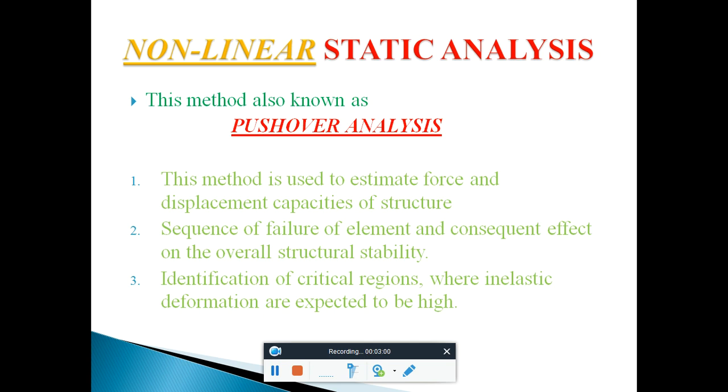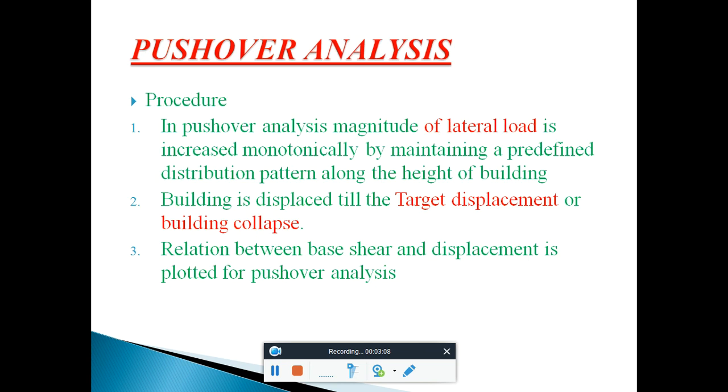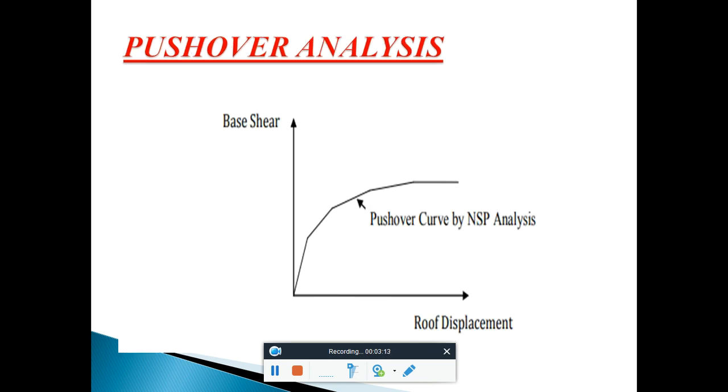Because of that, you can identify the critical regions where inelastic deformations are expected to be high. In pushover analysis, you get one graph, the pushover curve, which has roof displacement on the x-axis and base shear on the y-axis.